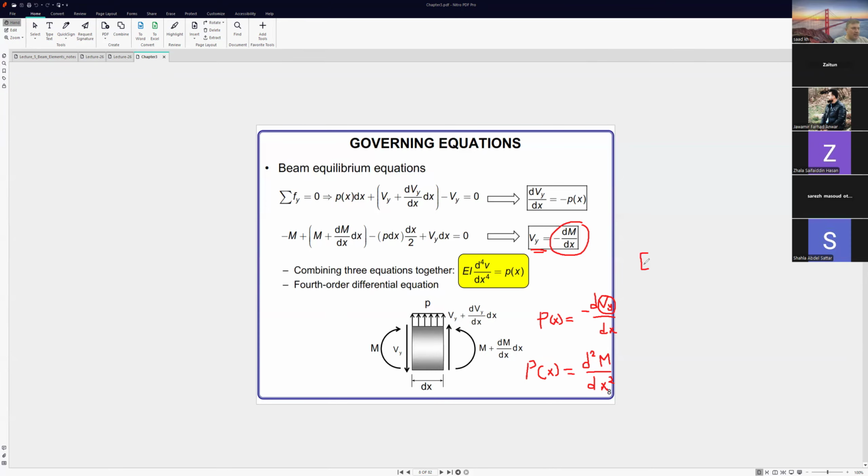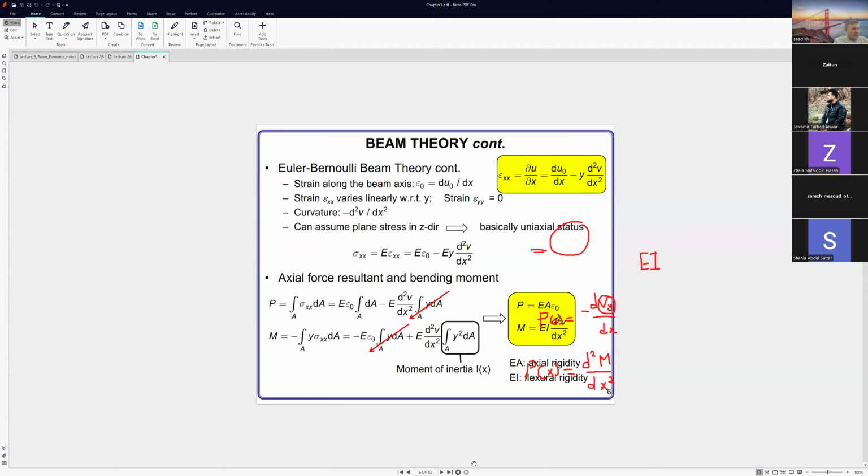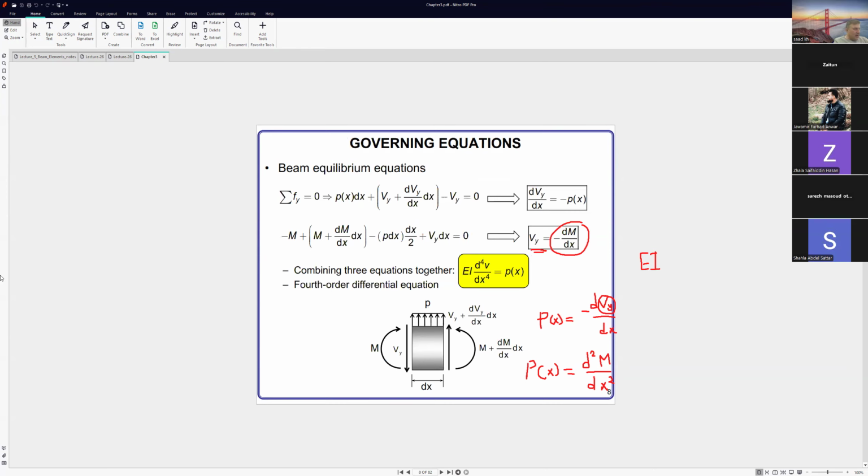Okay. And also we know the EI. Let me write this one: EI d square v over dx square is equal to M. And if we substitute this M here, we can get that P of x is equal to EI, since M is equal to d squared v over dx squared, and also we have d squared outside.